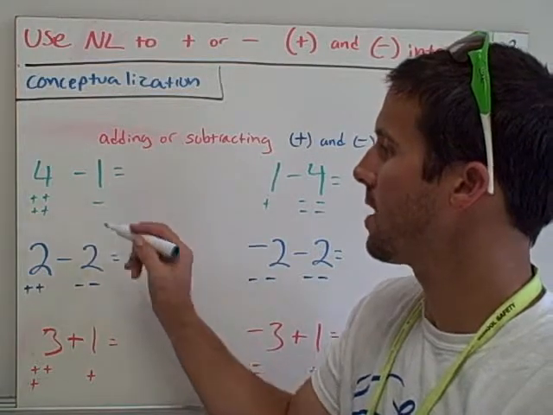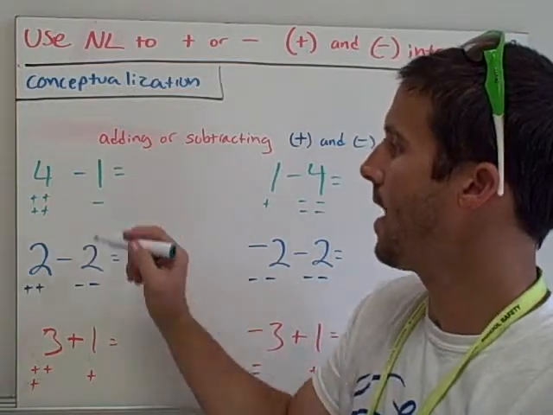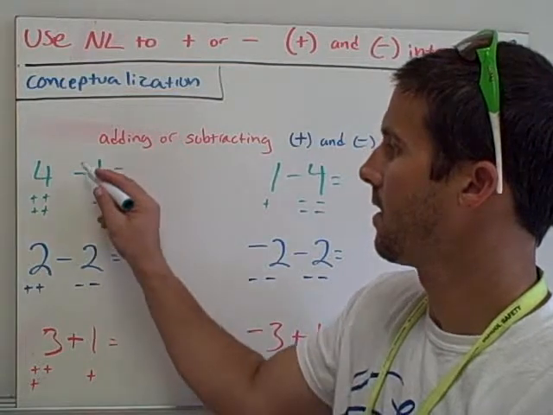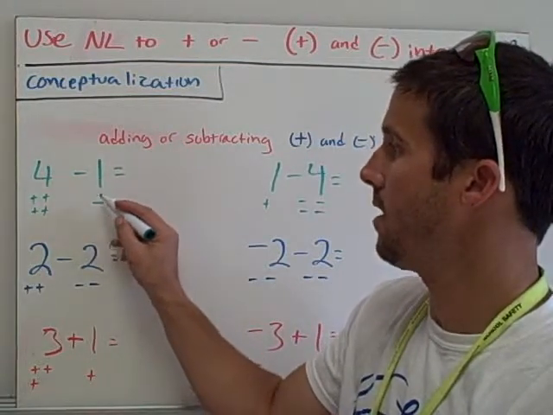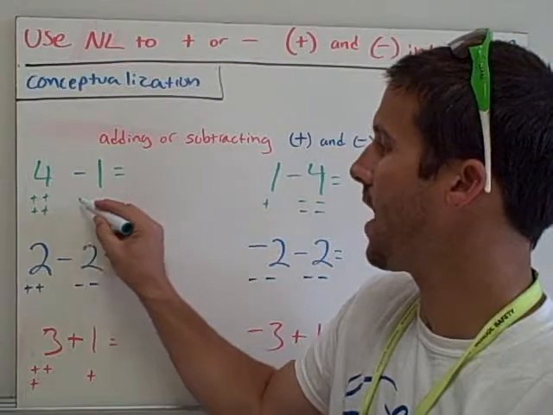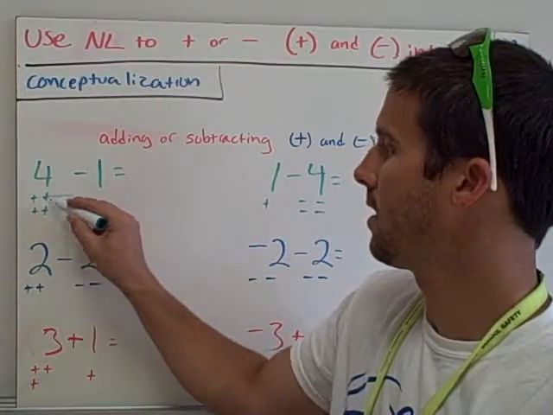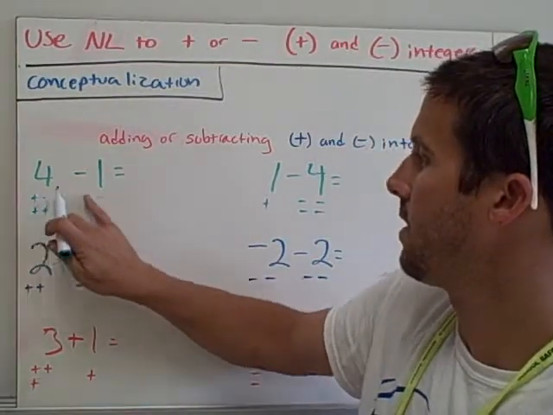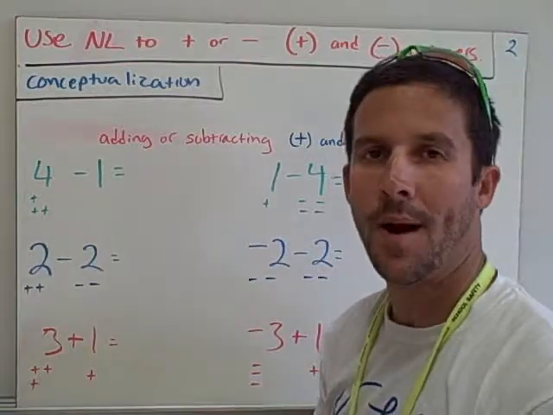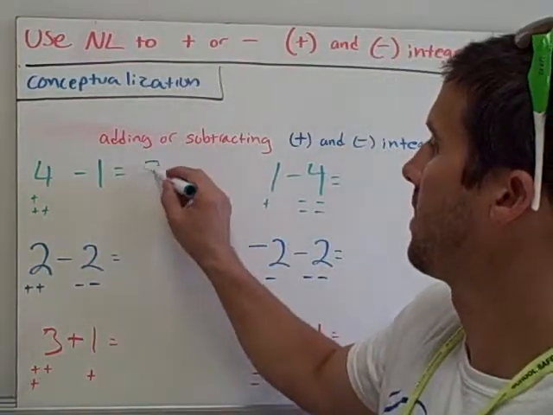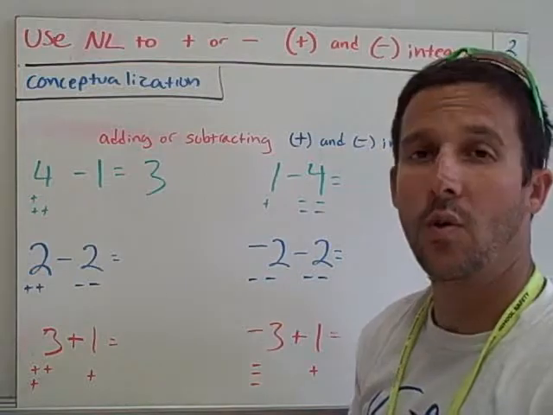I have a minus sign here because that's kind of the same thing. It's minus 1, a negative. And if these two attach to each other, you clean them out. And what do you have left? You have 3 positive signs.